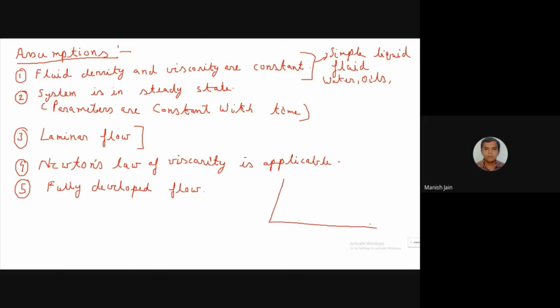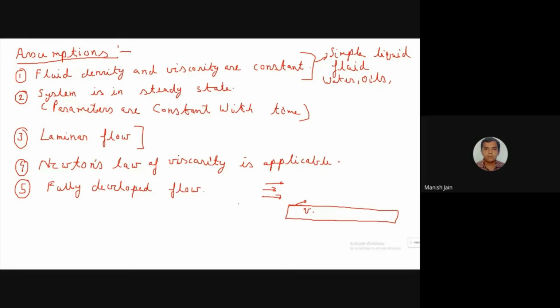Boundary conditions, you have studied the boundary conditions in the previous classes. Basically, whenever the flowing fluid comes in contact with a solid surface, the flow of the adjacent layer becomes the same as the velocity of the solid body.